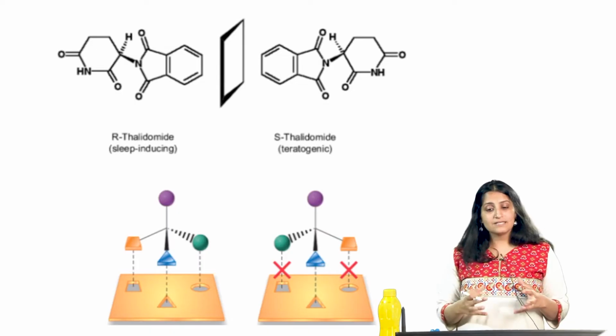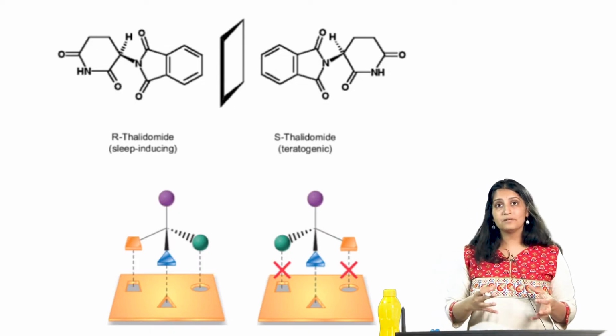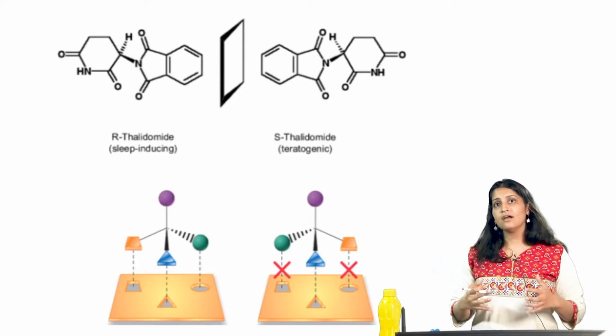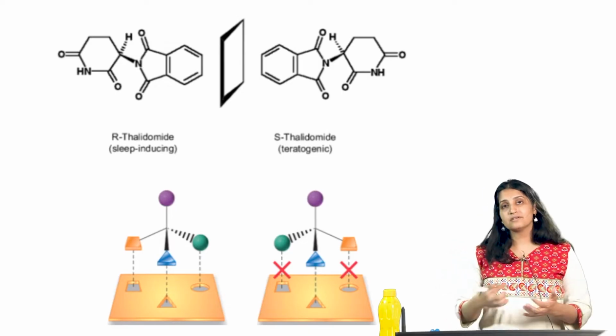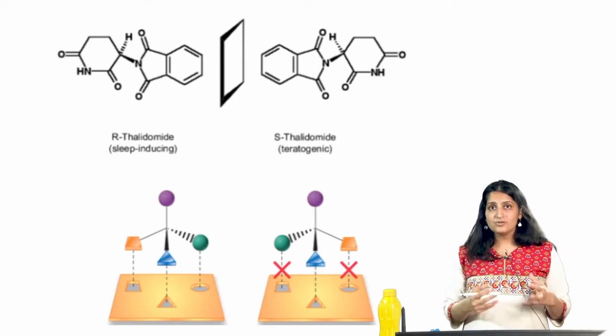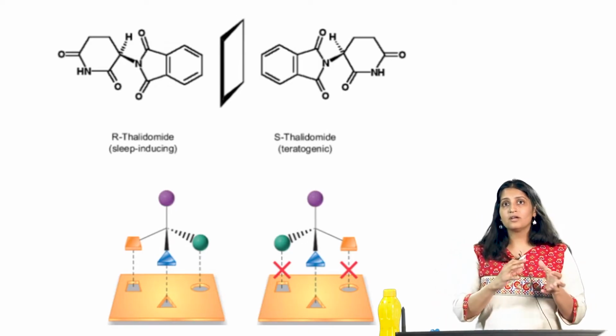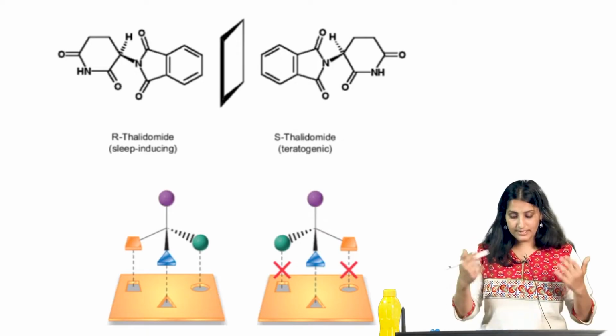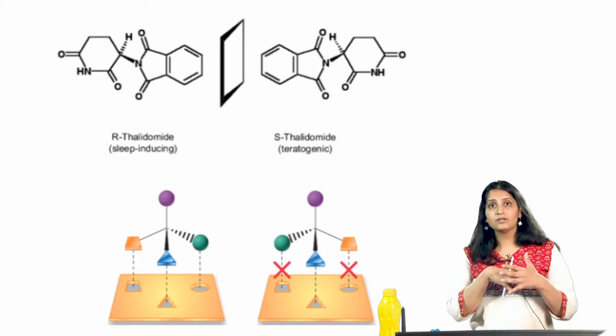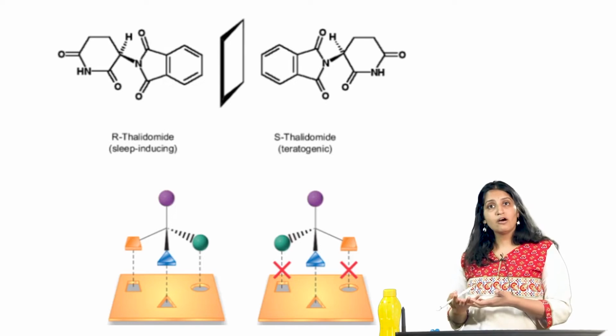Now, what happens is that the drug binds to receptors in our body. Whenever we take a drug, our body has some receptors that bind to it. As you can imagine, one of the molecules binds to the receptor. For example, R thalidomide will bind to the receptors, whereas S will not bind.